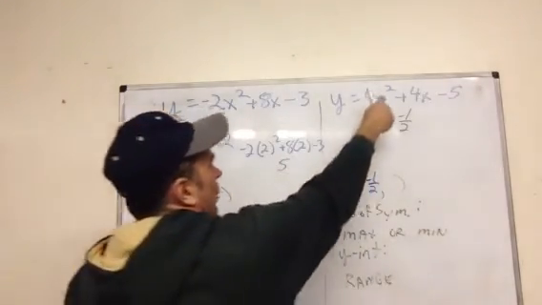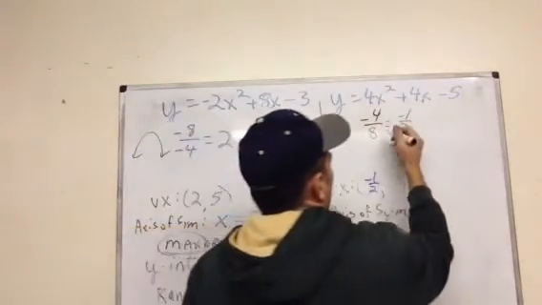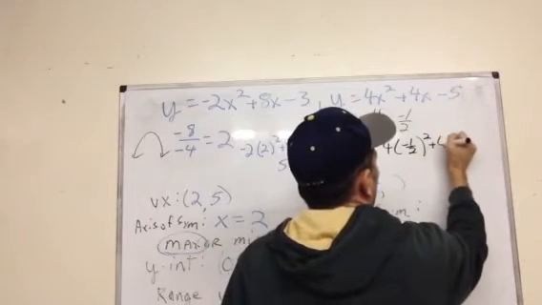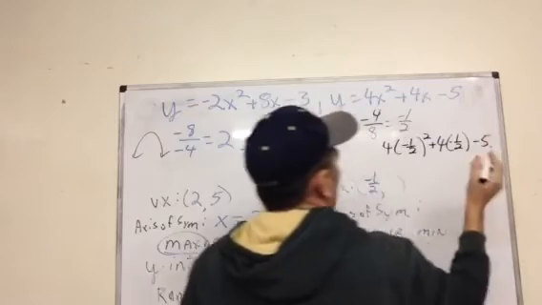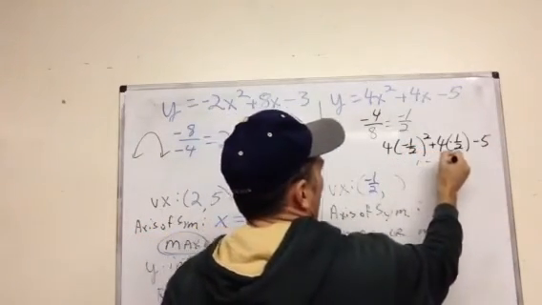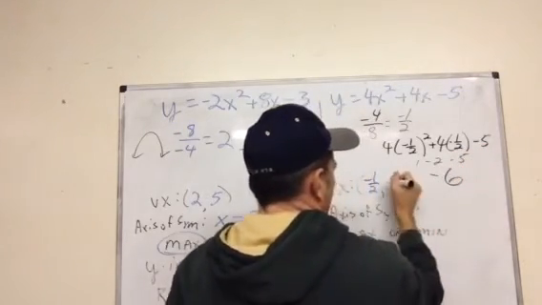I now plug -1/2 in here. Now when I square it, we plug it in like this. This is going to be a 1 minus 2 minus 5, and we get -6.